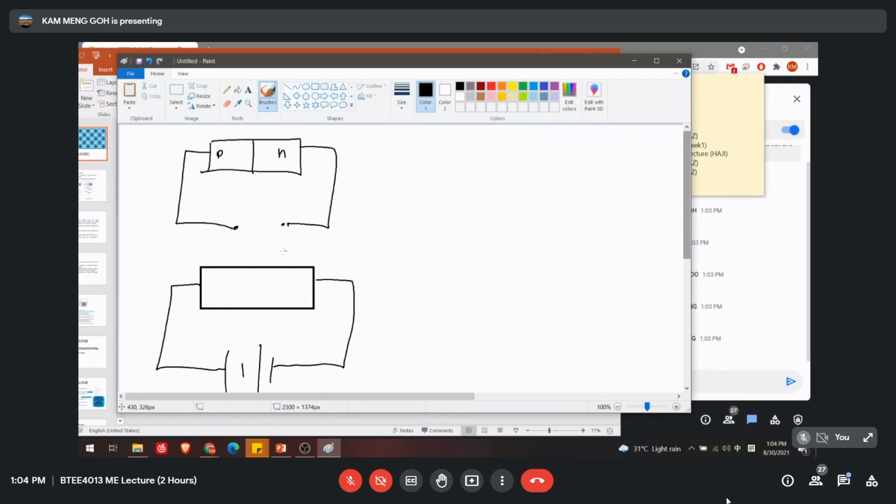Then in the middle there is something. This one closes it, and then there is another one.